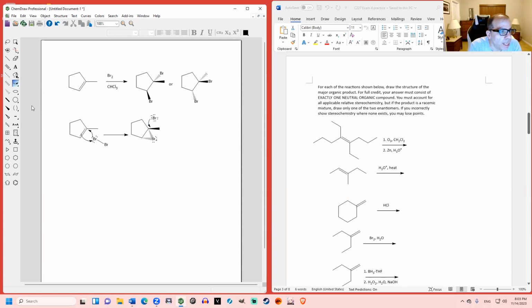It's coming from behind this carbon-bromine bond. And so that also pushes the methyl group down. So this gets you to that enantiomer. So the reason for stereochemistry is always in the mechanism.